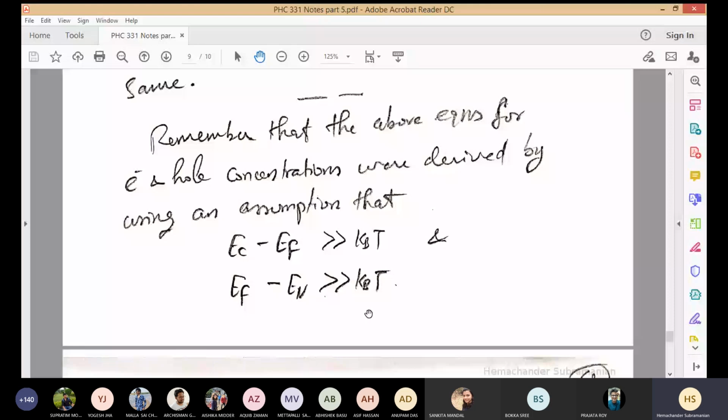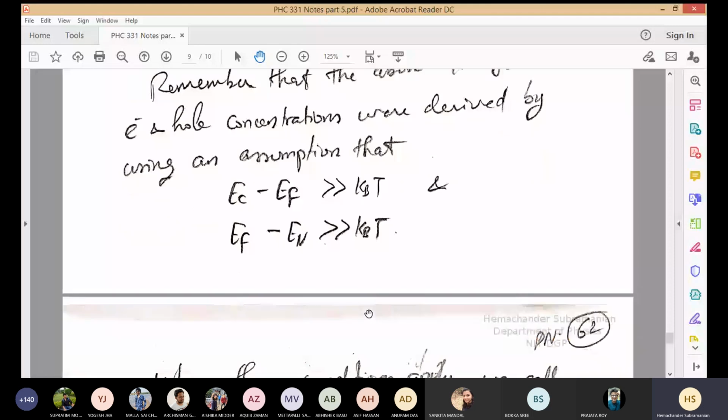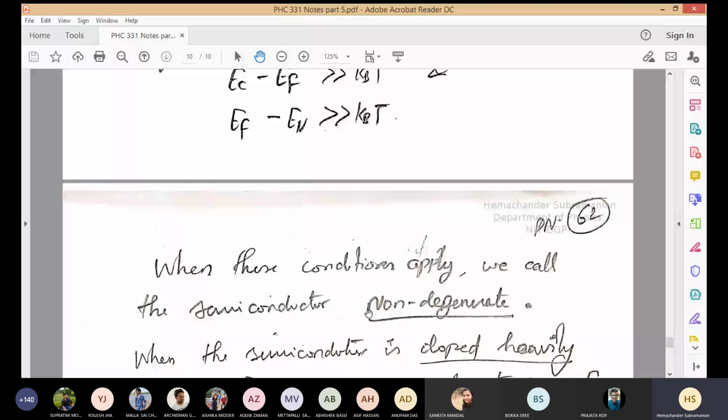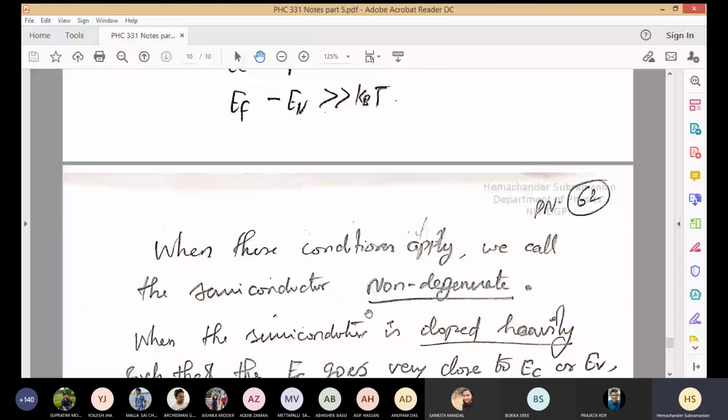Only if that condition holds does our derivation above hold. If that doesn't hold, then we have to go back and do the integration without turning the Fermi-Dirac distribution function into an exponential function. That integration becomes difficult.